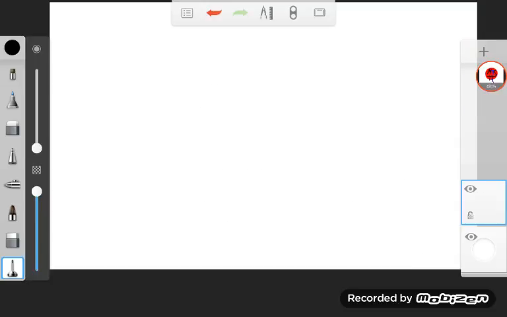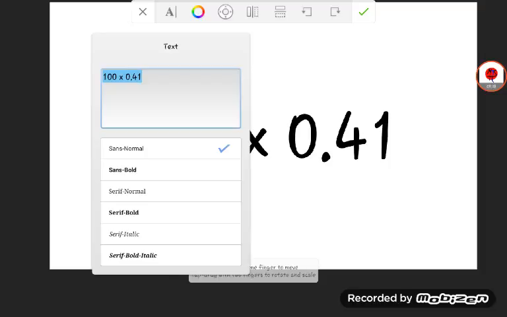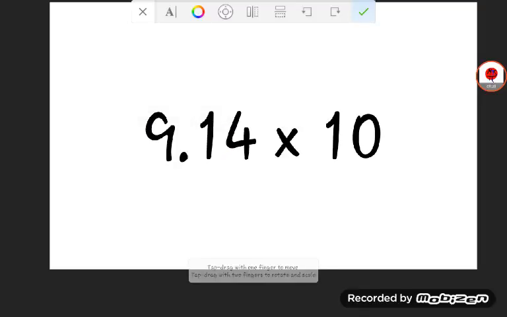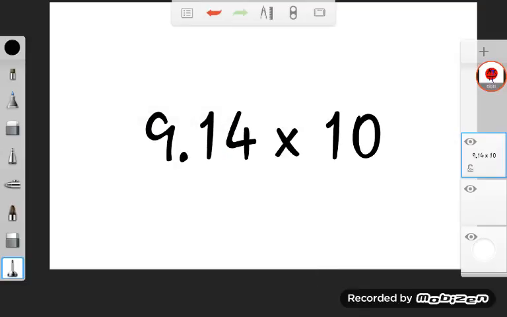Let's do one more. 9.14 times 10. So this is just like the last problem I did, except these numbers are flipped, so the 10 is at the end. Doesn't matter.